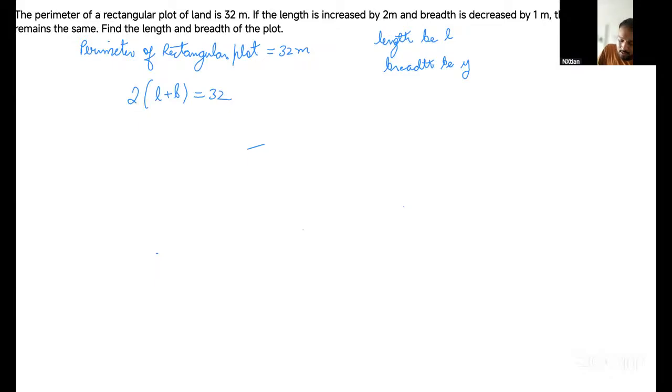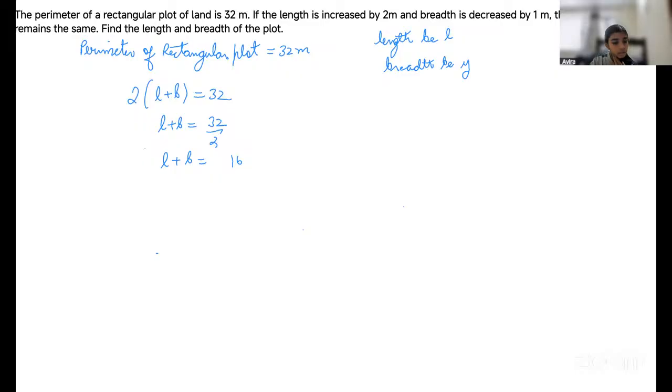Did you understand, guys? Now L plus B is equal to 32 divided by 2. So I got one equation, L plus B is equal to, sorry, 16. Did you understand, Ira? Yes or no? Yes. Everyone, did you understand?